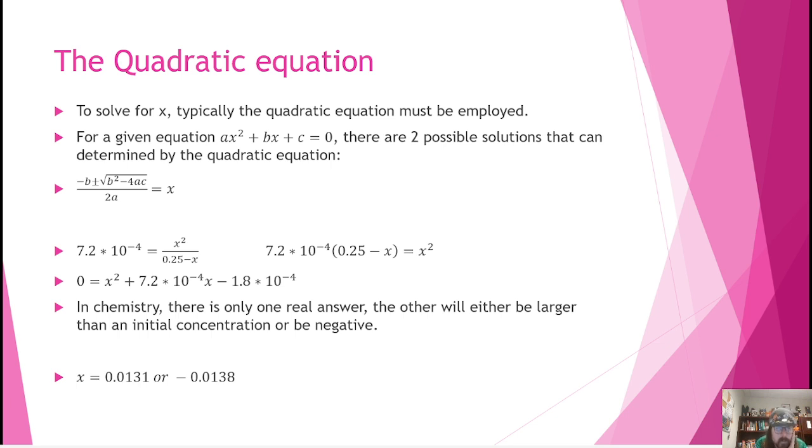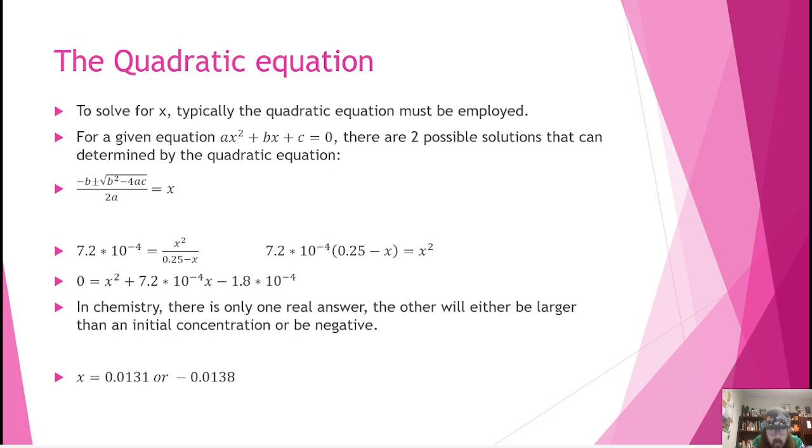So how you would get the quadratic, set that up, is to cross multiply that 0.25 minus x by the K value. And so that would help give you your c value and your b value. And please note that no matter what, even though the quadratic gives you two values, only one of them will be right.